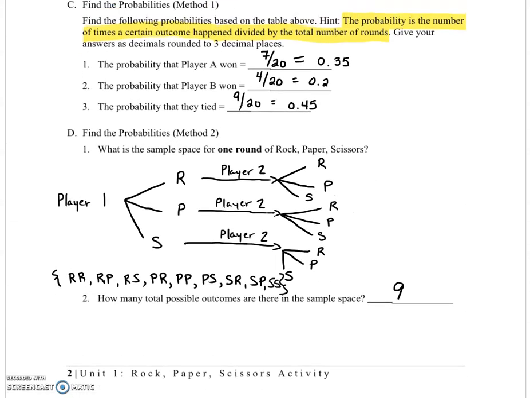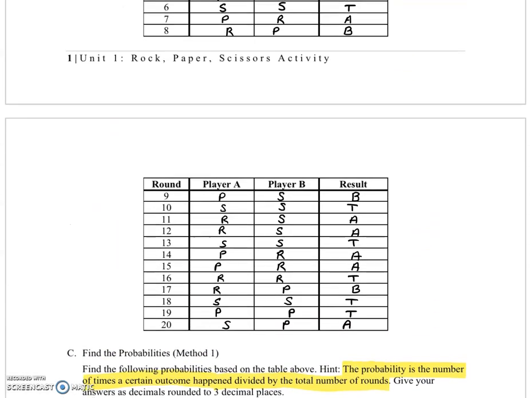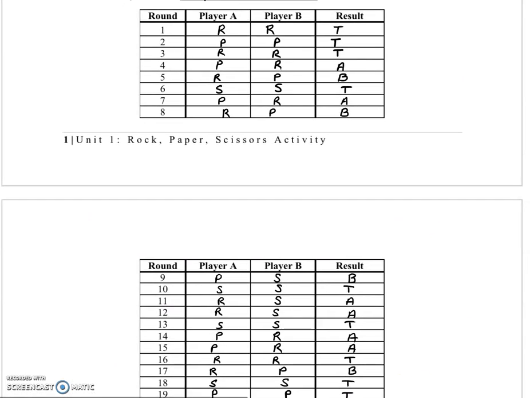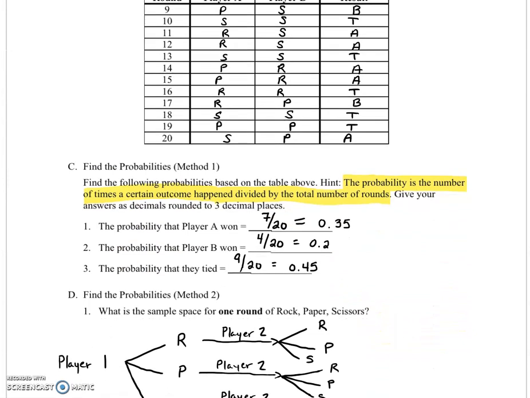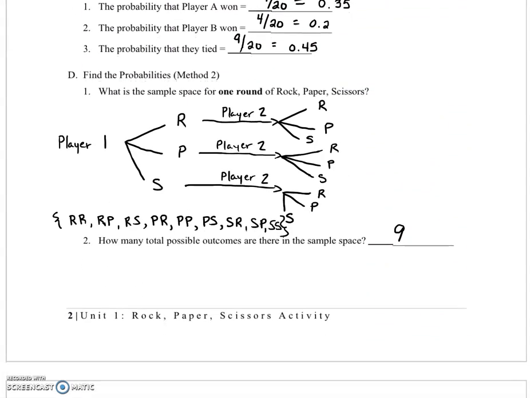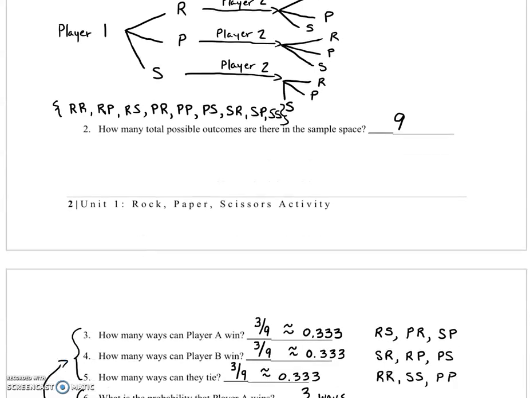So now we've calculated the probabilities 2 different ways. We calculated it once by playing a game, and we calculated it once by looking at the sample space and all the possible outcomes.